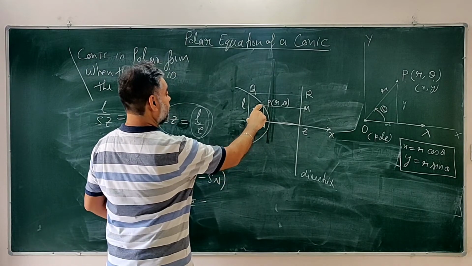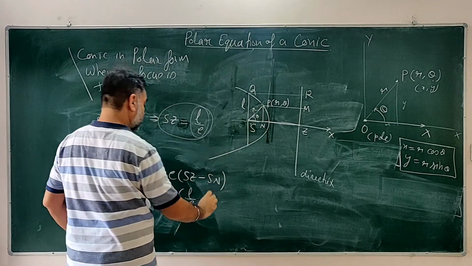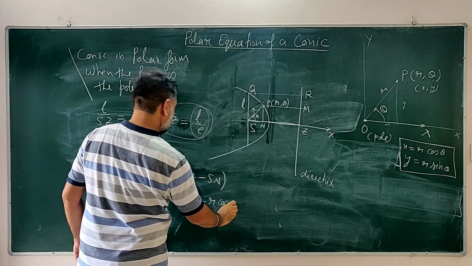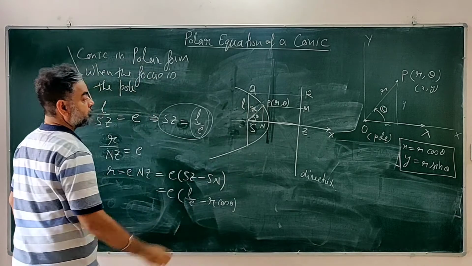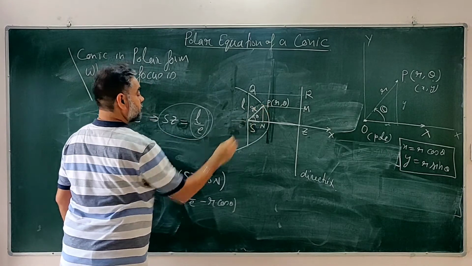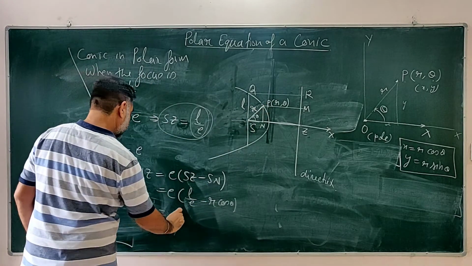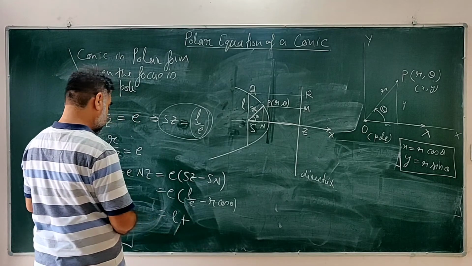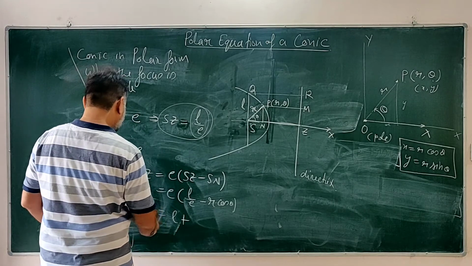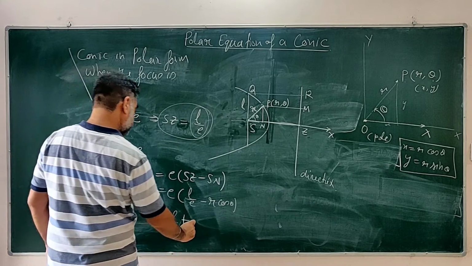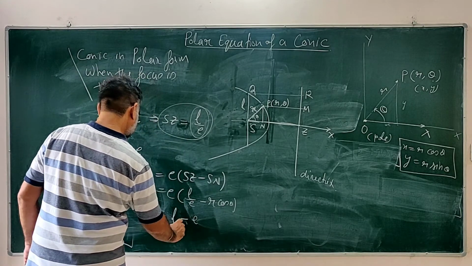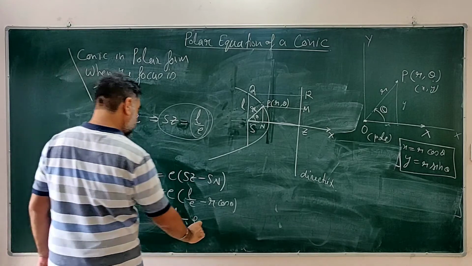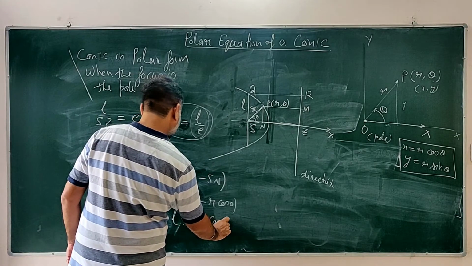SN over r is equal to cos theta, so SN is equal to r cos theta. So r is equal to L minus E r cos theta.